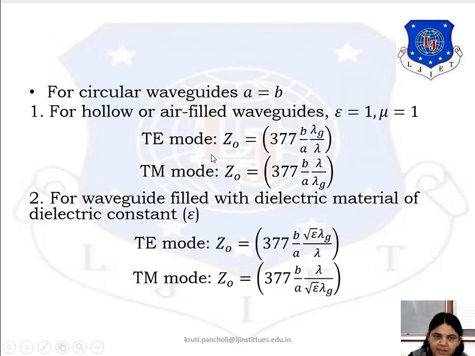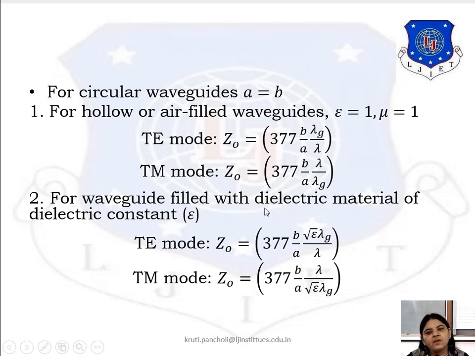So you have to remember that whenever examples are given for a hollow air-filled waveguide, and it is not related to any material, take epsilon and mu equal to 1. If it is a circular waveguide, a is equal to b.